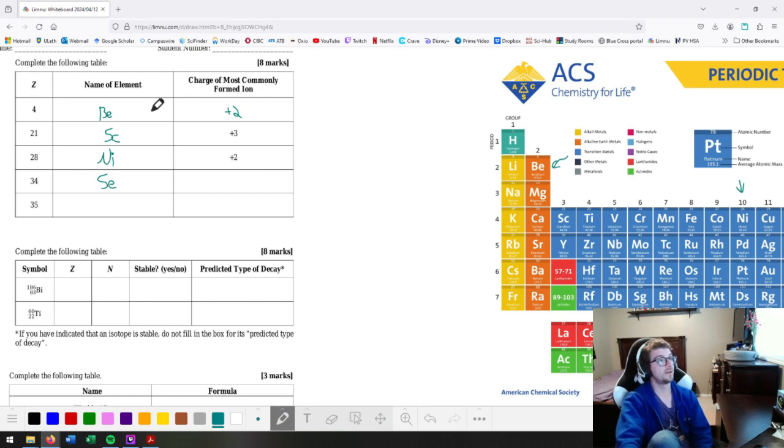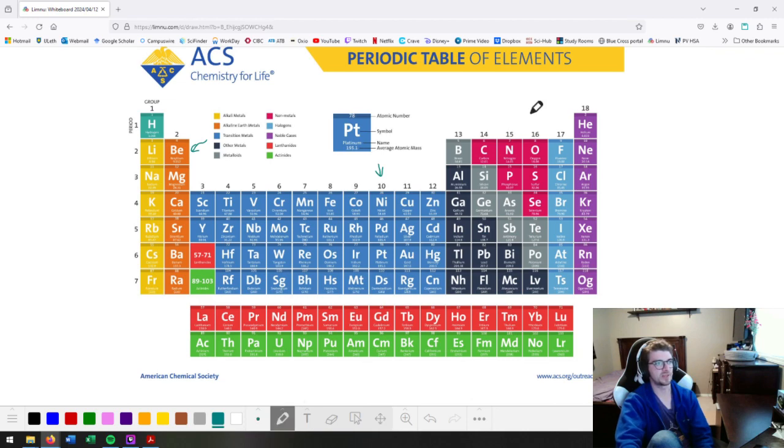So, the charge that selenium normally adopts is -2. And that's because it's in the same group as oxygen. And so if selenium is to gain 2 electrons, you'll end up at krypton, which is its closest noble gas configuration.